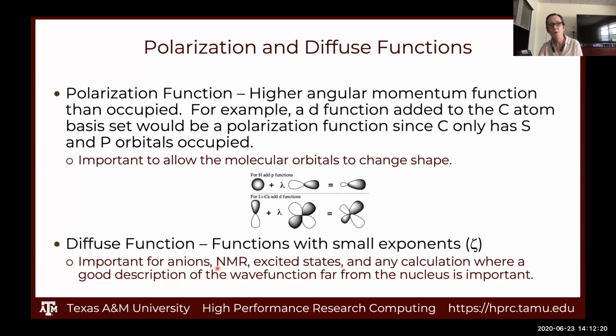So this becomes important if you are doing calculations on molecules that have density far from the atomic center. For anions, NMR, excited states, sometimes the diffuse functions are important for getting good results, okay? Sometimes they cause problems. So when it comes to diffuse functions, we often start without them, and then we add them in later to see how much they affect the results.